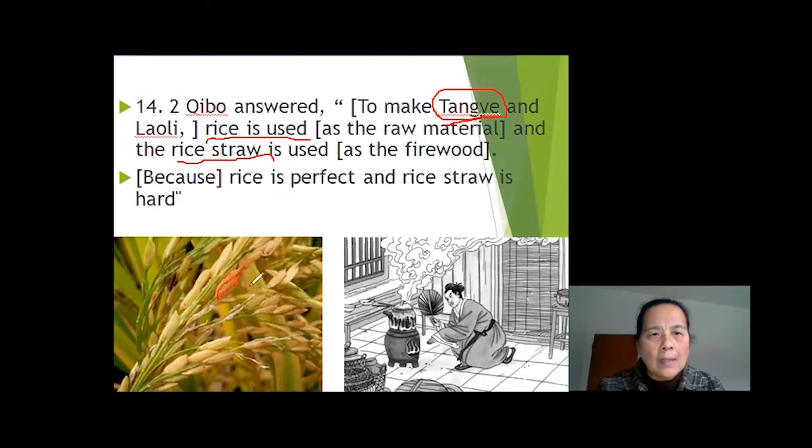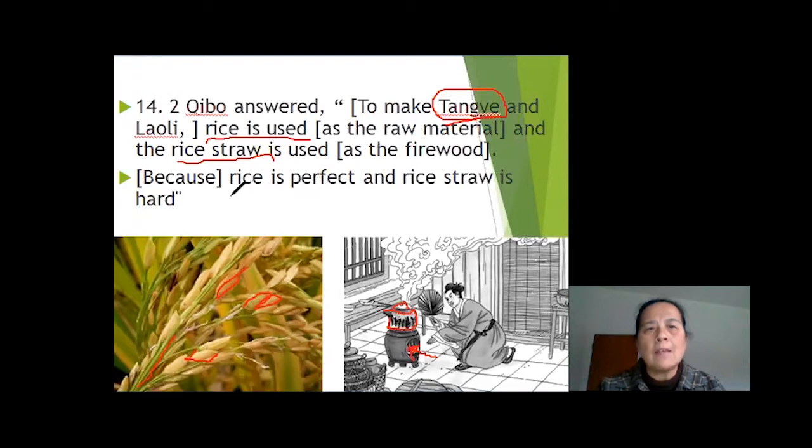The upper part is where we make the 汤液, and the other part, like the stems here, they put under the oven. Above the oven is a pot. Put the rice in the pot and put the stems in the oven and then cook it. So that's the perfect way to cook it.